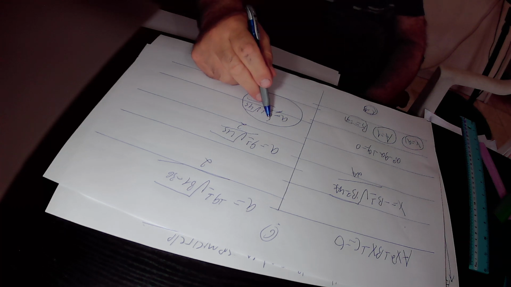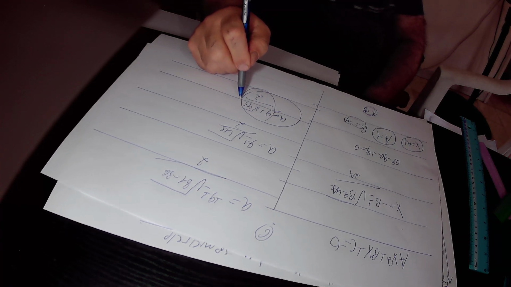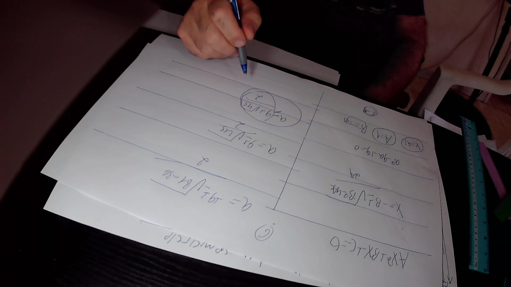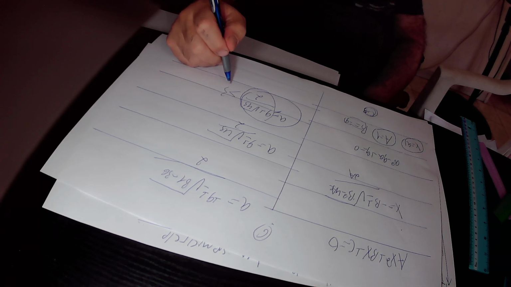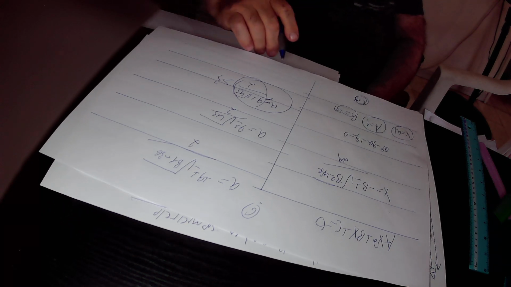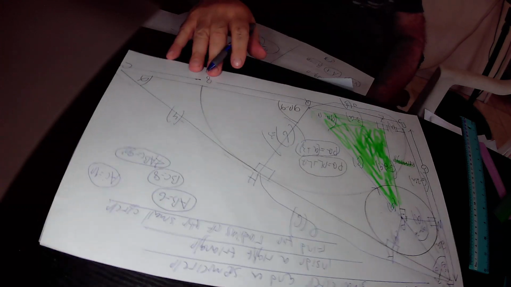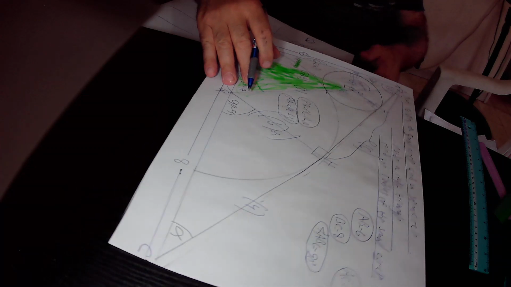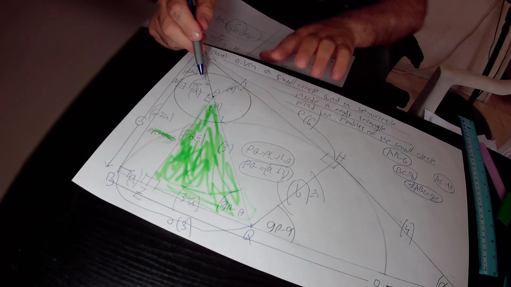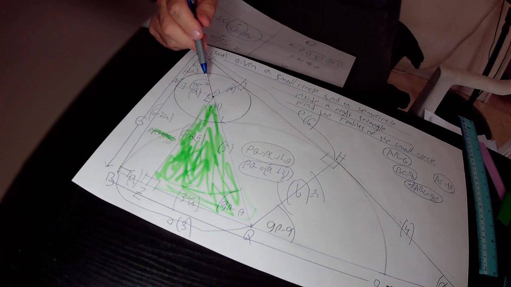This expression is greater than 3. A is the radius of the small semicircle, but the radius of the small circle cannot be greater than 3. Why?